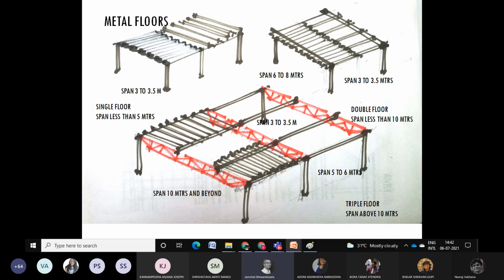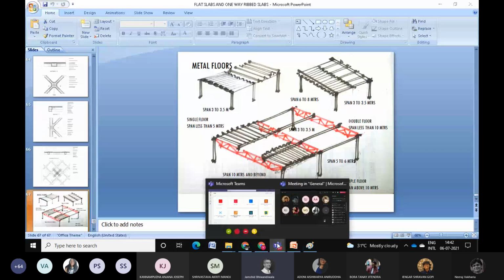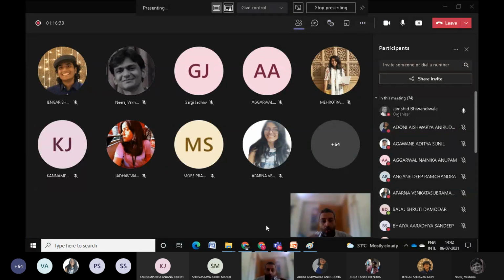What I'm trying to get you to understand is that for your project, you have to take a call on what kind of structural system you would like to adopt on all the three layers. What looks very evident is that at the sides of your auditorium you're going to have columns.